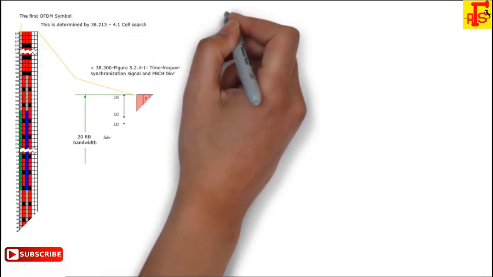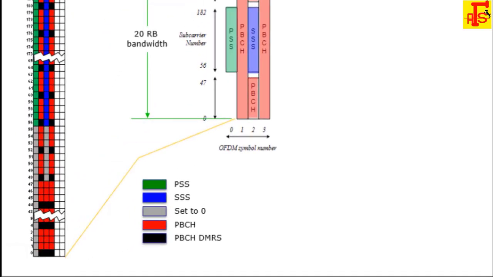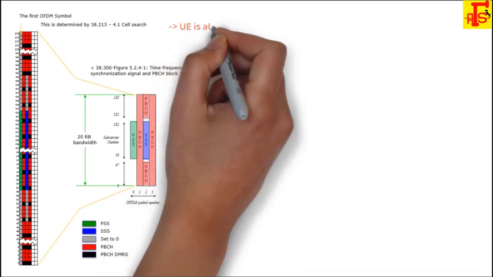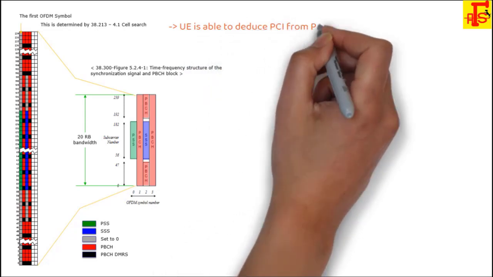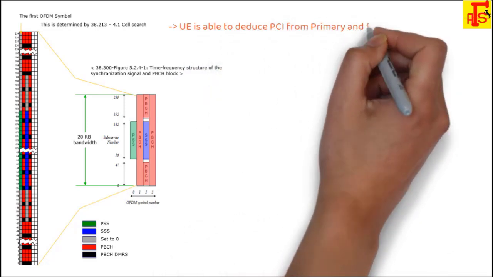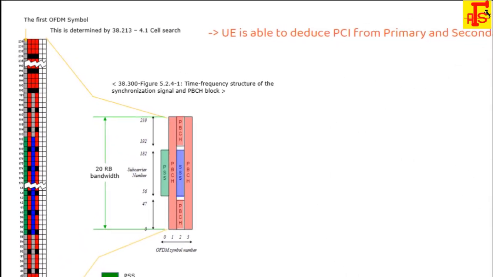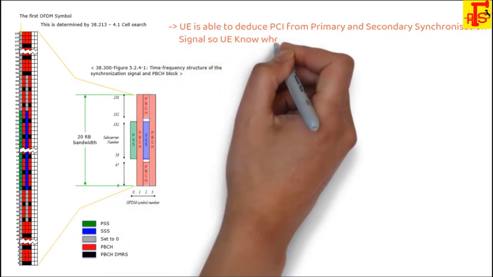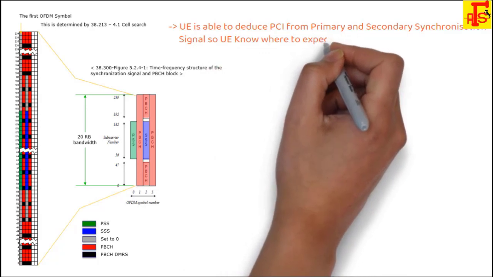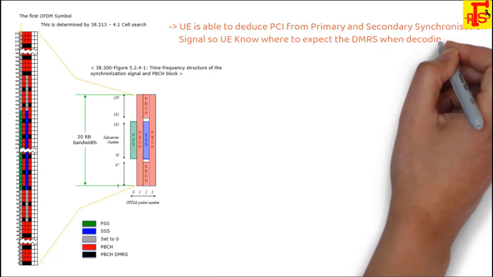So PCI mod 4 is the formula to find the DMRS location. The PCI mod 4 rule has been specified to determine its location. UE is able to deduce the PCI from the primary and secondary synchronization signals. Where will the PCI come from? It decodes PSS and SSS, then gets the PCI. Then it applies the PCI mod 4 formula and gets the DMRS location. So then the UE knows where to expect the DMRS when decoding the PBCH payload.